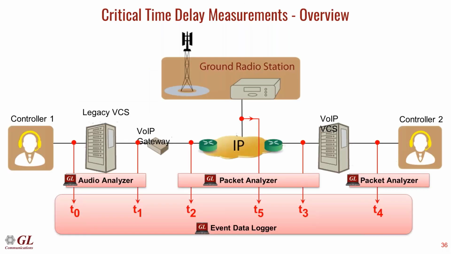Our equipment is a suite of test equipment that allows us to measure at the analog interface and at the packet interface, and to collect these real-time events as the signals are being transmitted. At the analog interface, we have what we call our audio analyzer, which can detect analog events such as PTT and squelch.